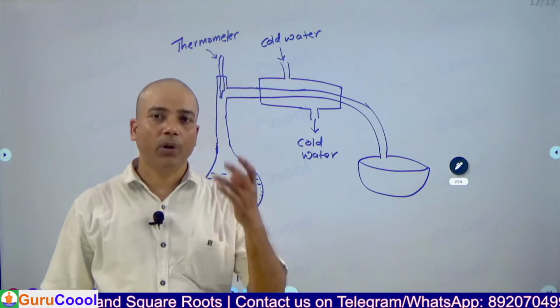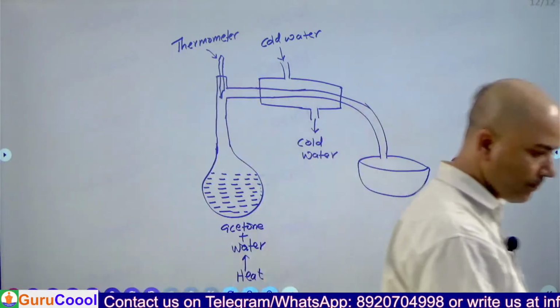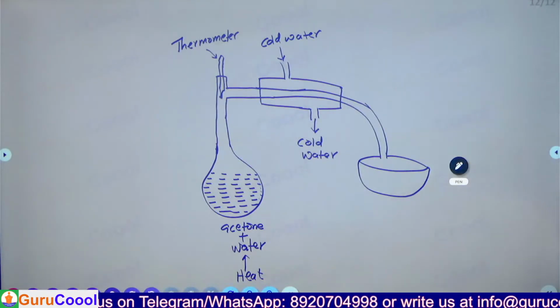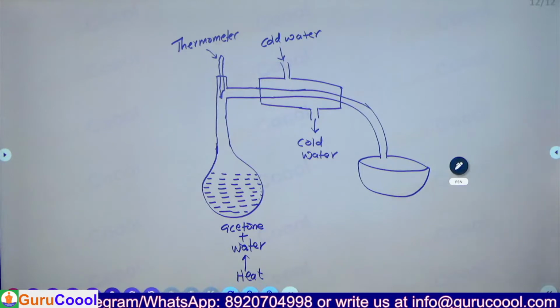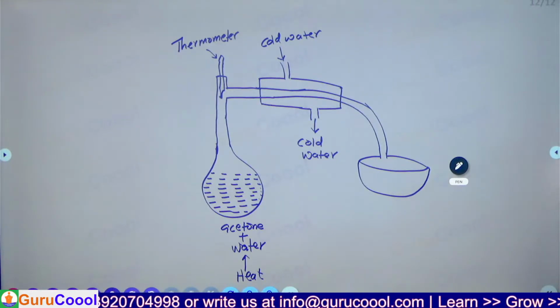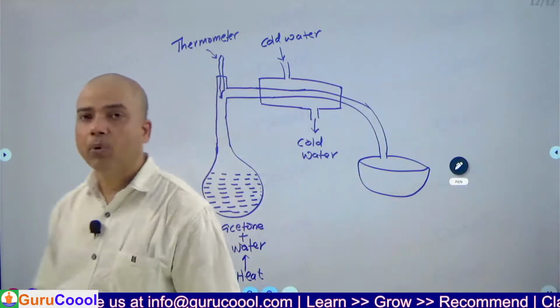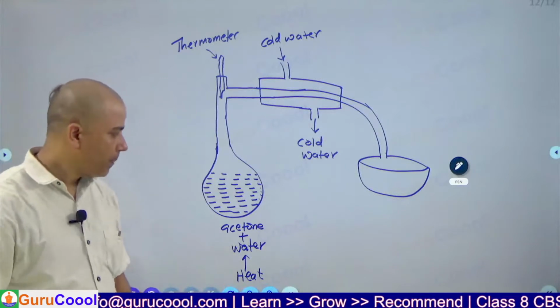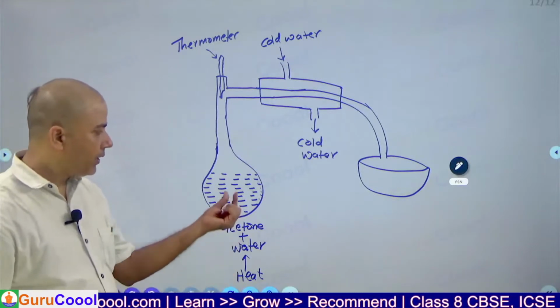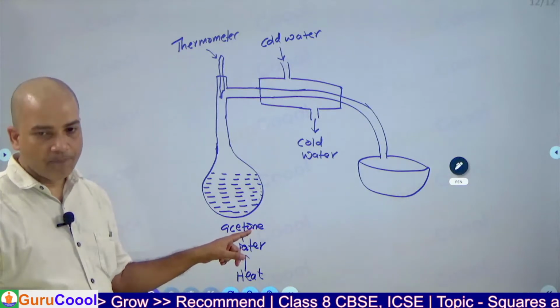What is boiling point? Do you know what boiling point is? Boiling point is the temperature at which something starts boiling. So suppose you start supplying heat. Acetone has a lower boiling point than water.